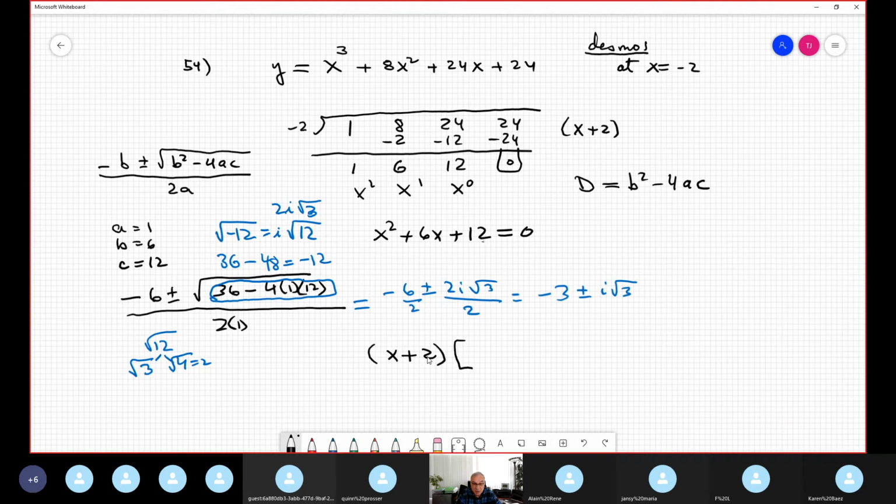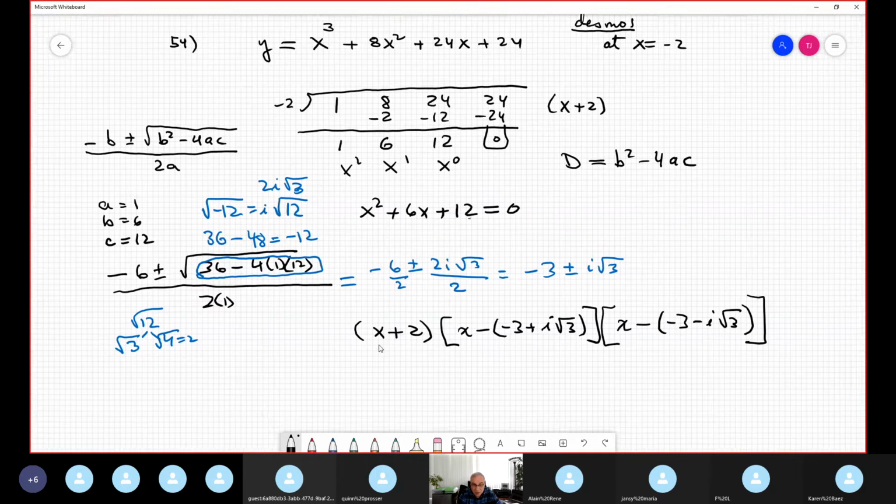The second, let me try to put it in this way: x minus something, minus c, where c is minus 3 plus i radical 3. It doesn't matter which is first or second. Remember, these are factors, and in multiplication the order is not important. Okay, and leave it like that?